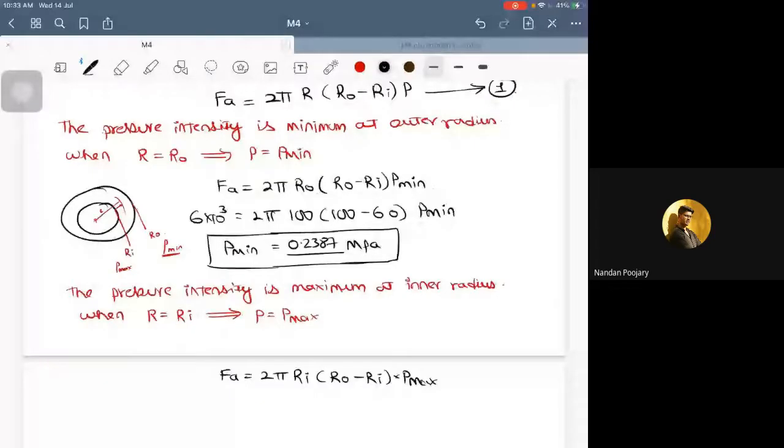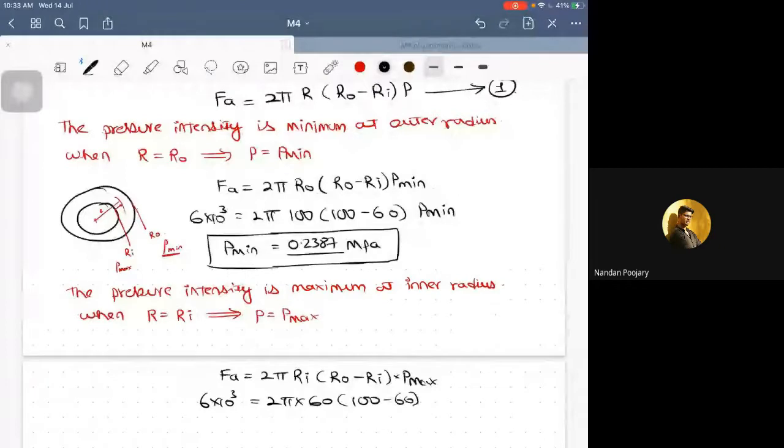P max. Substitute all the values and get me the value of P maximum. 6 into 10 to the power of 3, 2 pi into Ri is 60 into 100 minus 60 into P max.